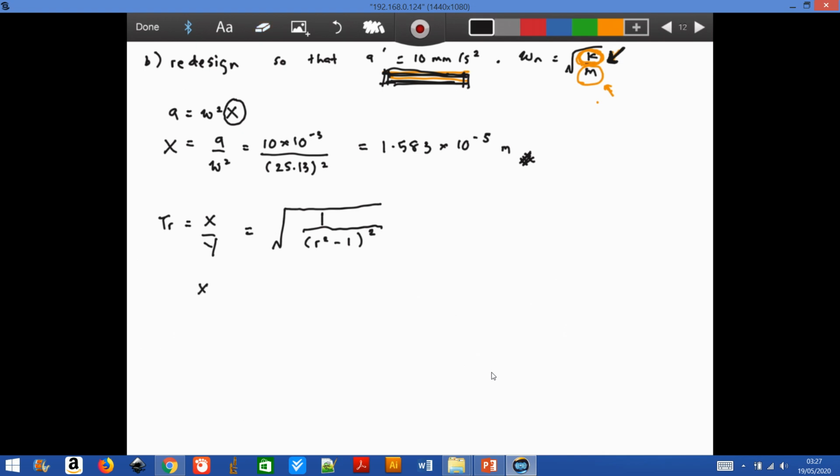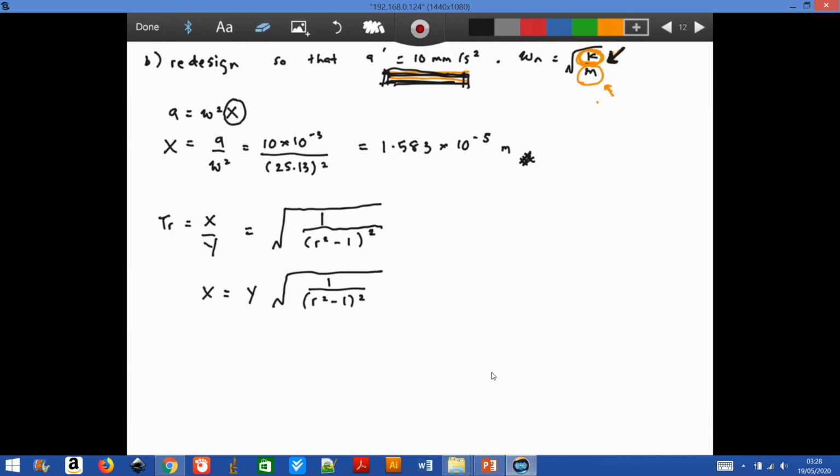From here we know that x equals y times the square root of 1 over 1 minus r squared to the power of 2.